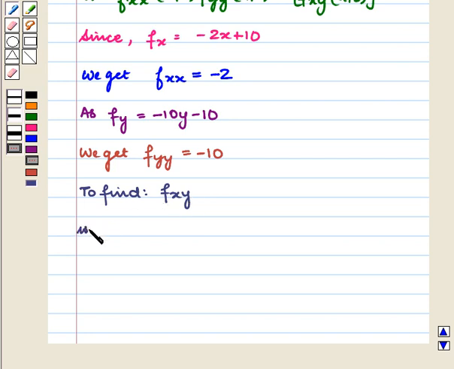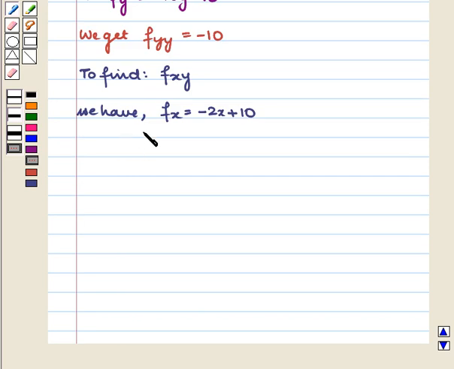So we have f sub x is equal to minus 2x plus 10, and on differentiating this partially with respect to y, keeping x as constant, we get f sub xy will be equal to 0.